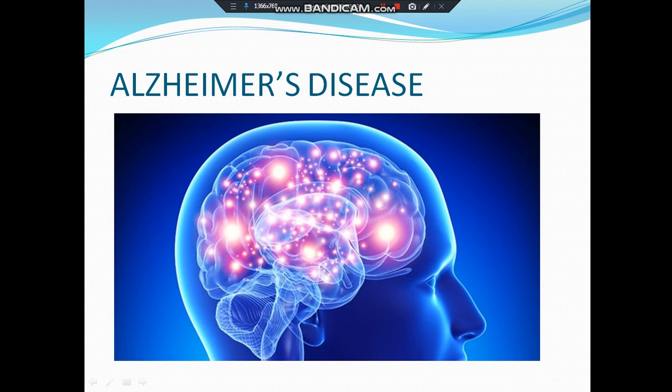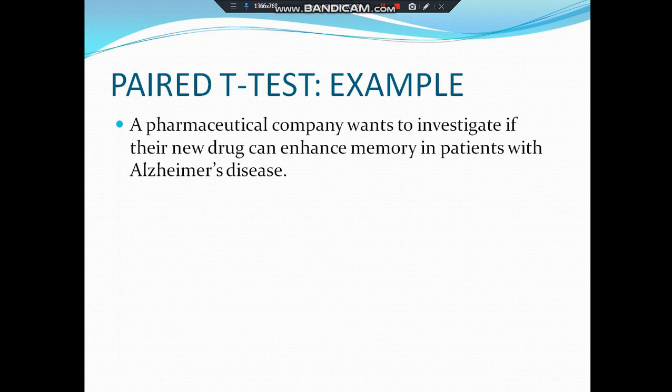So we will take an example where a pharmaceutical company has come up with a new drug that they believe can really help patients with Alzheimer's to improve their memory and their ability to recall things. So a pharmaceutical company wants to investigate if their new drug can enhance memory in patients with Alzheimer's disease.